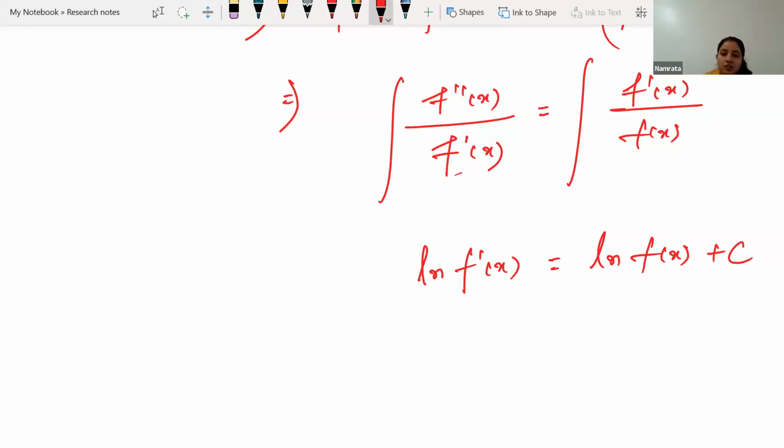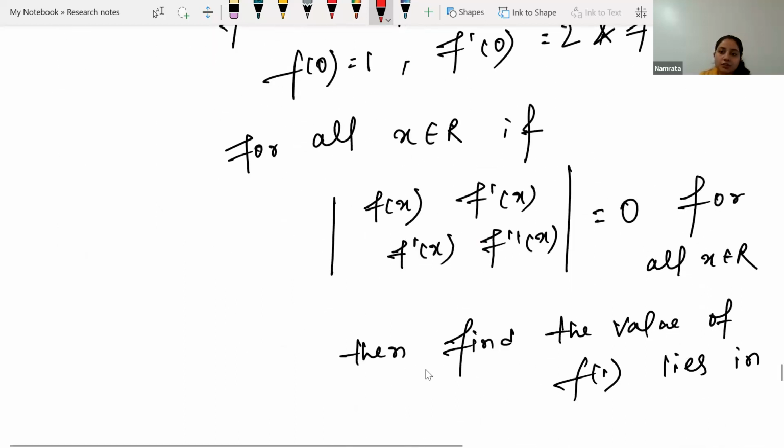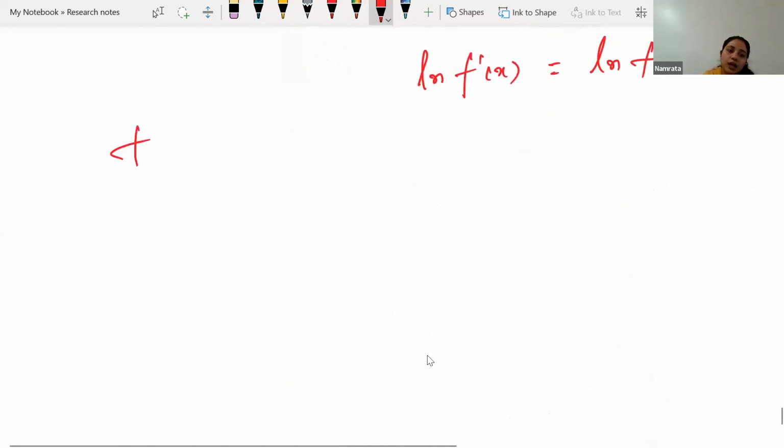Now the condition which is given, let's use that. It is given that f of 0 is 1 and f dash 0 is equal to 2.